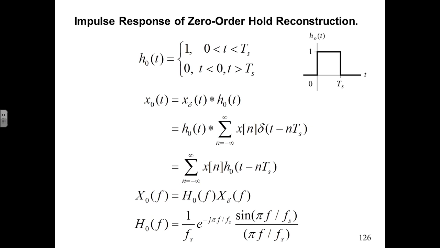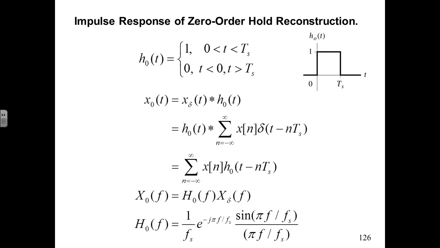So the impulse response of this filter will have a height of 1. If I put in a sample value of, say, 3, then that 3 would scale my impulse response for one period.